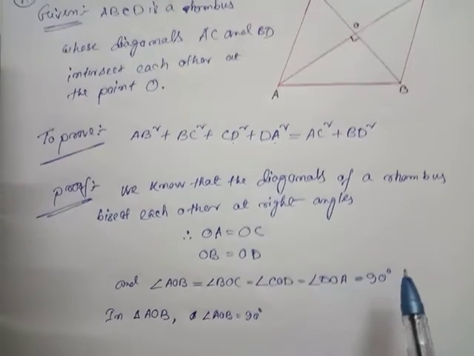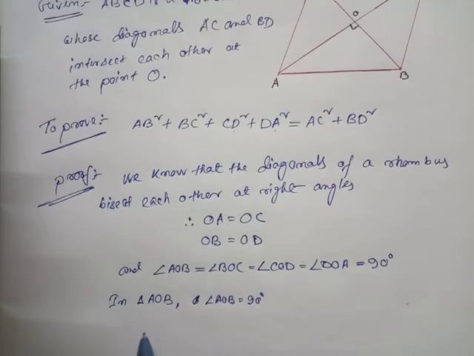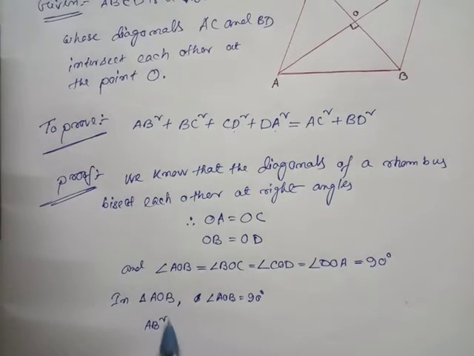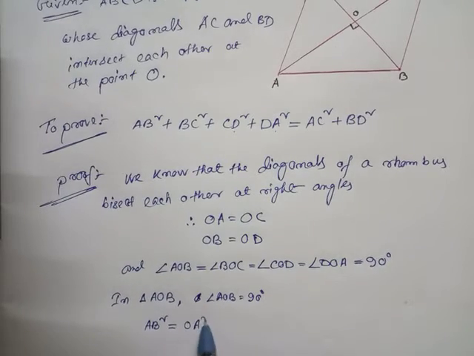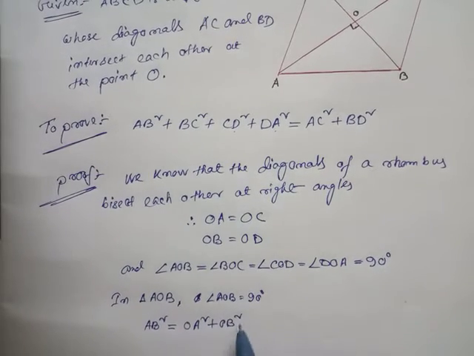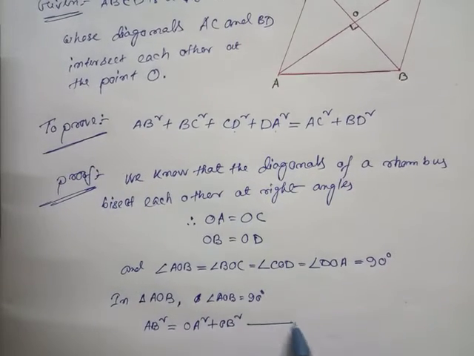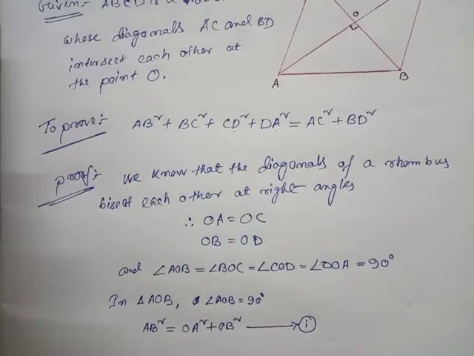So student, we can apply here the Pythagoras theorem. So hypotenuse square, which means AB square, equal to the other two sides square, which means OA square plus OB square. This is equation number 1 according to Pythagoras theorem.